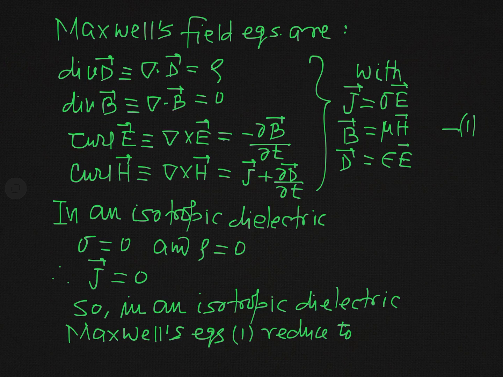You know the meaning of each and every term in this equation, and also you know that in this equation J is equal to sigma E, where sigma is the electrical conductivity.